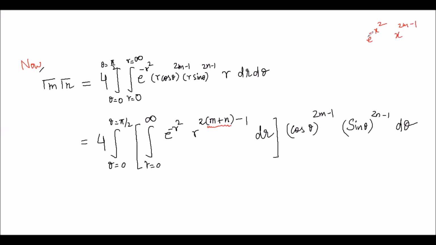And in the second equation, the variable is x. We are integrating with respect to x. Here we are integrating with respect to r. So if you compare this integral with the first and second equation, we can write down this integral. Since we have here m plus n, we can write this integral as gamma of m plus n.